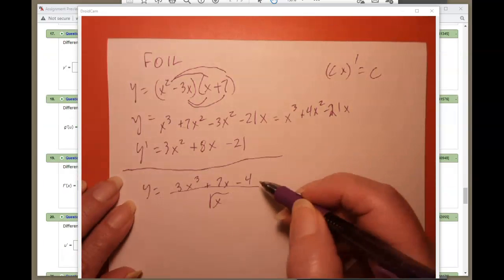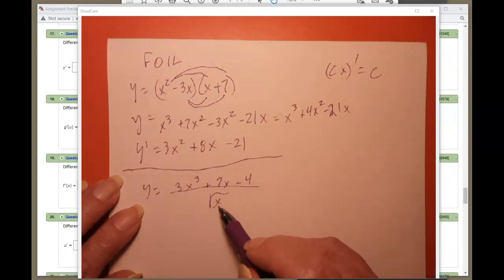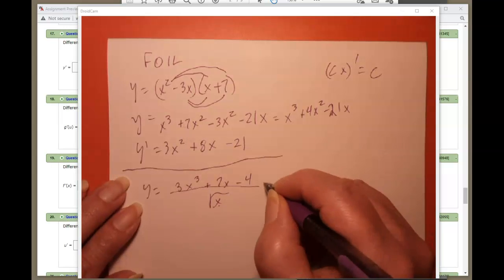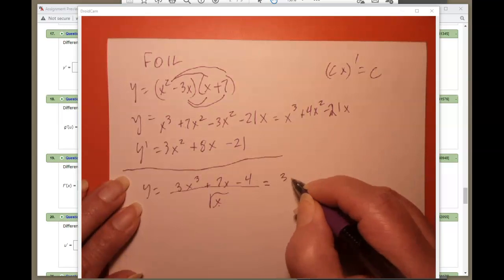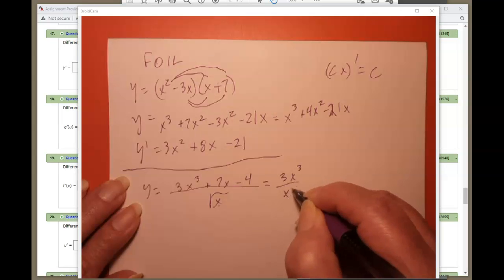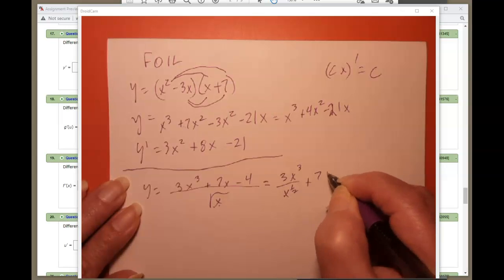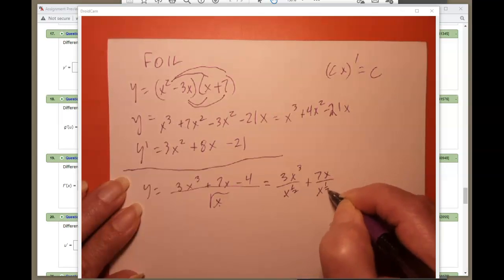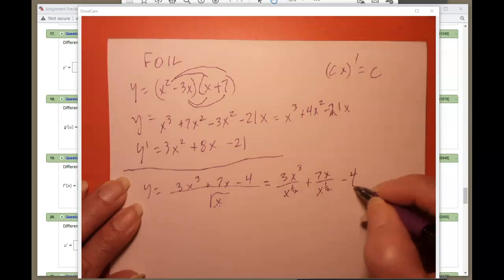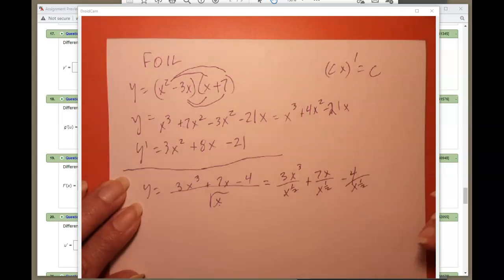So let's look at another example here. If I have something like this, I can distribute the square root of x. This actually says 3x cubed over x to the 1/2 plus 7x over x to the 1/2 minus 4 over x to the 1/2.